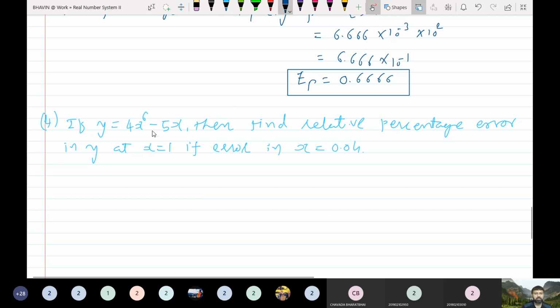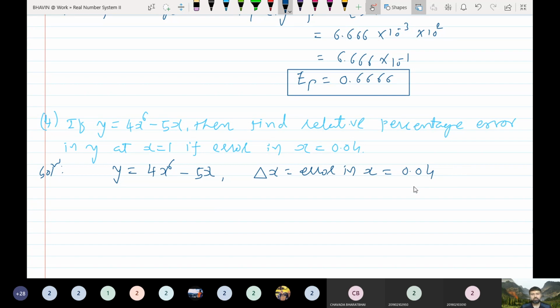So now look at this. Here y is a function of x. Errors in x is given. So let me write down first of all the given data. y is 4x raised to 6 minus 5x. Errors in x, that is delta x, is equal to 0.04 at x equal to 1.